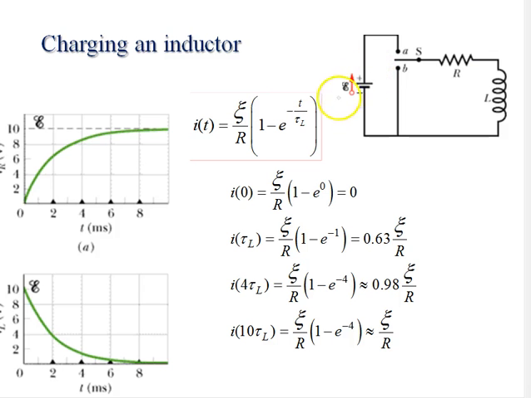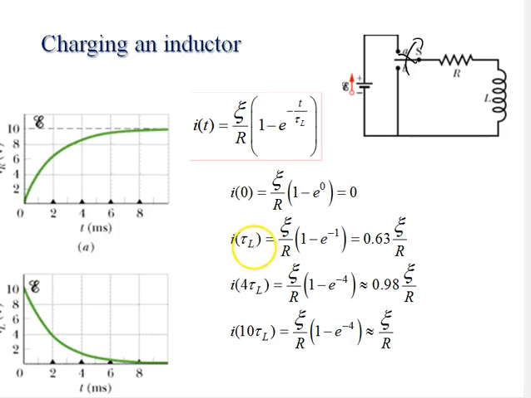So to analyze that, when we're charging an inductor, we call it charging, but we're introducing a current through the inductor. Initially, when t is equal to 0, when that switch is first flipped, we plug in 0 for t, and e to the 0 is 1, so it's 1 minus 1, which is equal to 0.